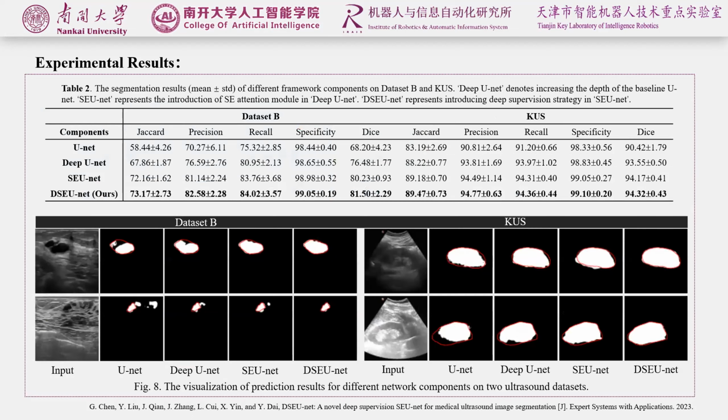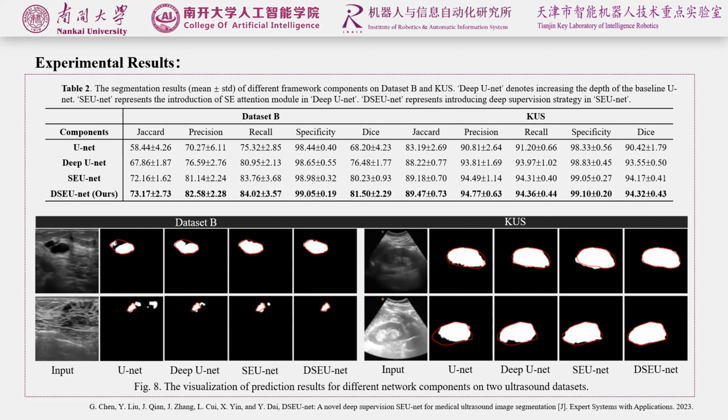To further validate the effectiveness of these components, we performed evaluation experiments on the public breast ultrasound and kidney ultrasound datasets respectively. The experimental results show that the introduction of these components can gradually help the network to obtain the best segmentation performance.